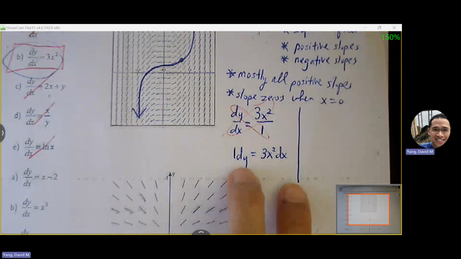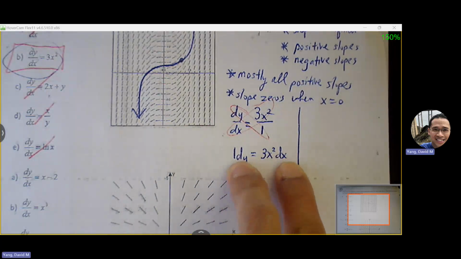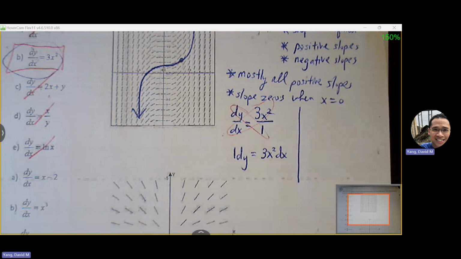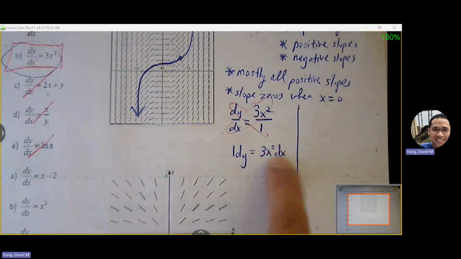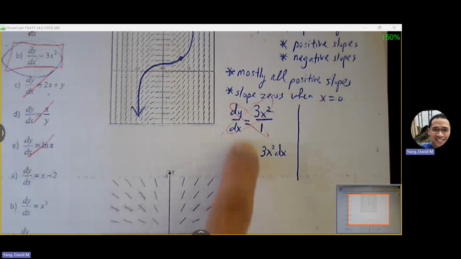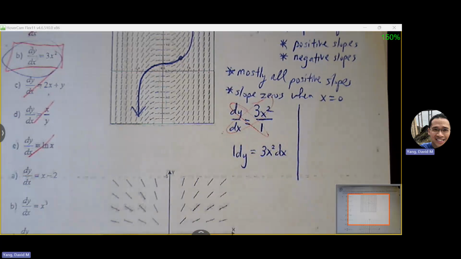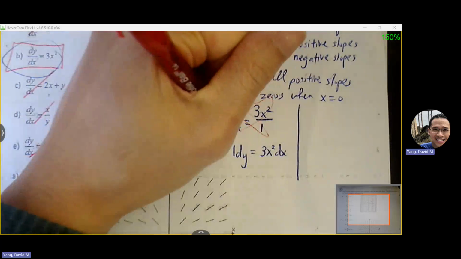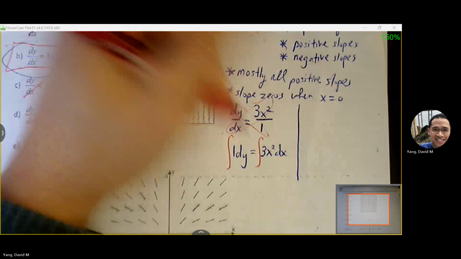The first thing that we always do is look to see, do we have our dy and dx in the right places? We do. And next up, do we have full separation? Are the x's together? They are. Are the y's together? There's only dy, so that's fine. So we're ready for our integral.